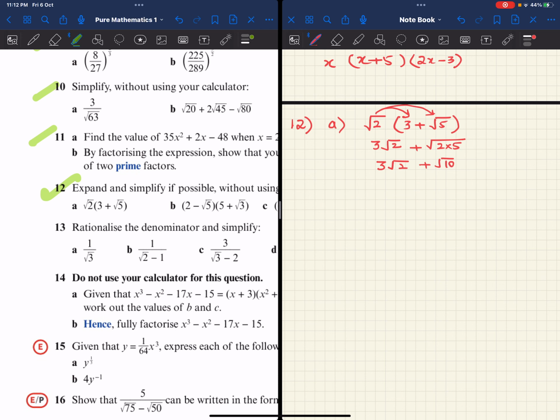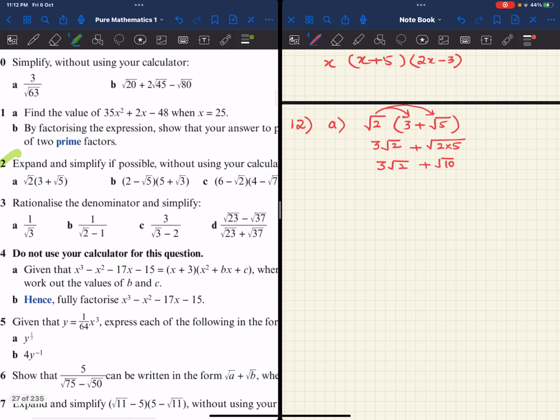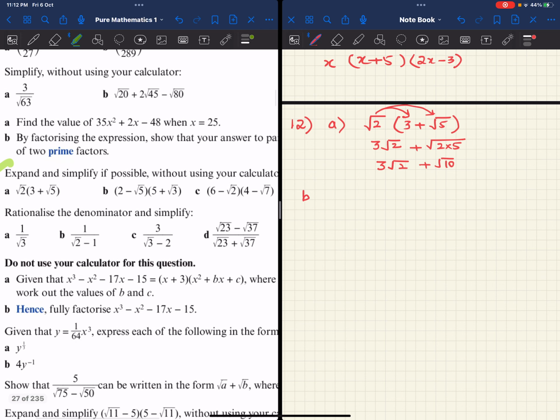2 5s are 10. Moving on to question B, we have 2 minus root 5 multiplied by 5 plus root 3. So multiplying out normally, 2 5s are 10. 2 into root 3 gives us 2 lots of root 3.